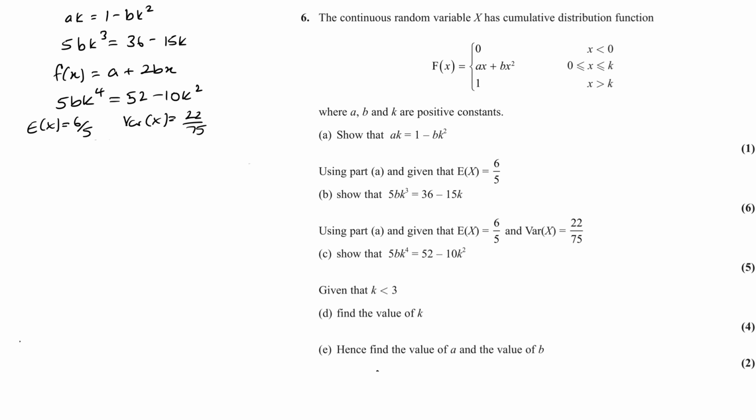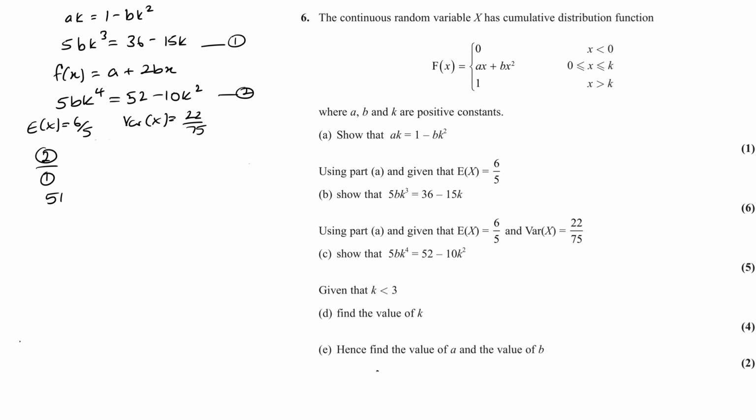Now, final part. Given that k is less than 3, find the value of k. Well, what we want to do is essentially look at these two equations here. This is probably what's going to help us solve it, isn't it? So we want to do one equation divided by the other one, so like 2 divided by 1.